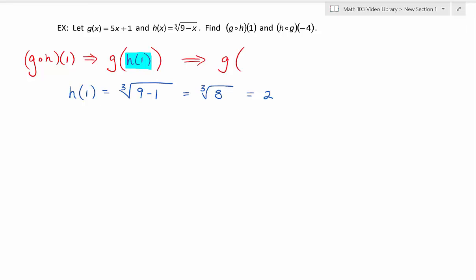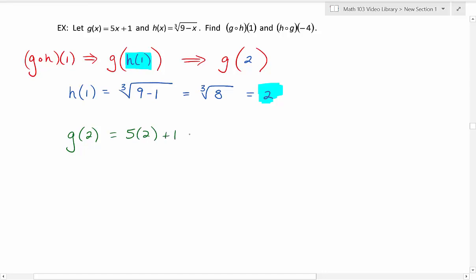Now we take that 2 and we plug it into the second function, g. So just in my notation, I'm taking this 2 and I'm just plugging it into the other highlighted blue where h of 1 is, and that gives us g of 2. g of 2 is going to be equal to 5 times 2 plus 1, which is equal to 11.